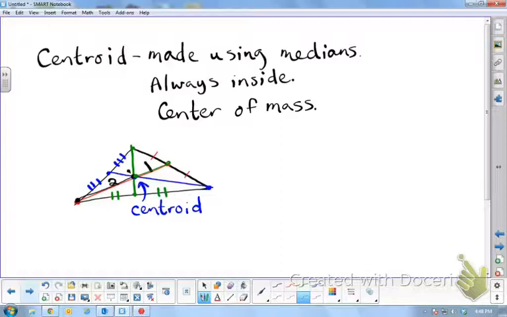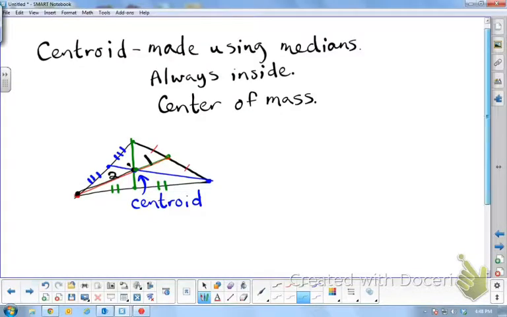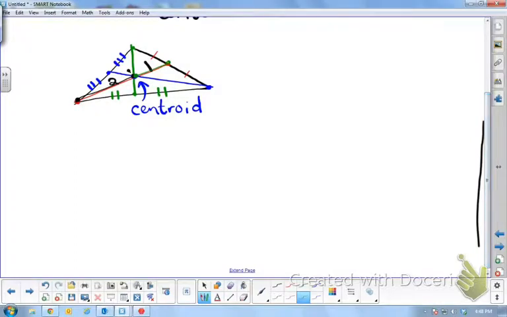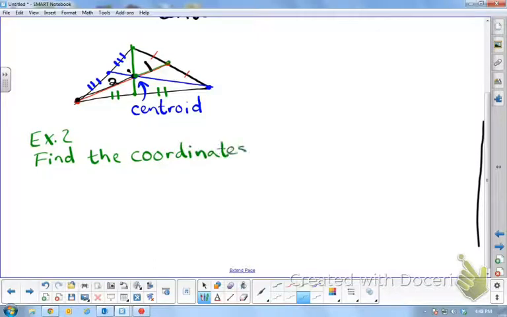So we have just 2 more examples. Say we want to find the coordinates of the centroid.